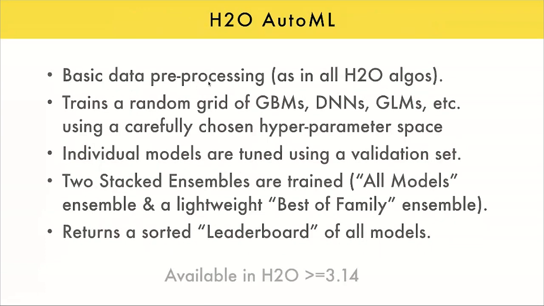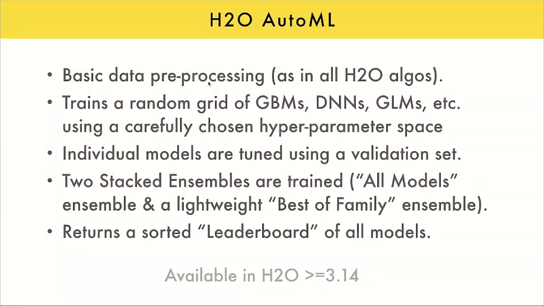Okay, so what is H2O AutoML? Just to reemphasize, we have basic data pre-processing, and we hope to add a little bit of feature augmentation with target encoding soon. And then what it will do is train a random grid of GBMs, deep neural nets, GLMs, etc. So we train random grids of all the different algorithms, and we have chosen what that hyperparameter space is for those grids.